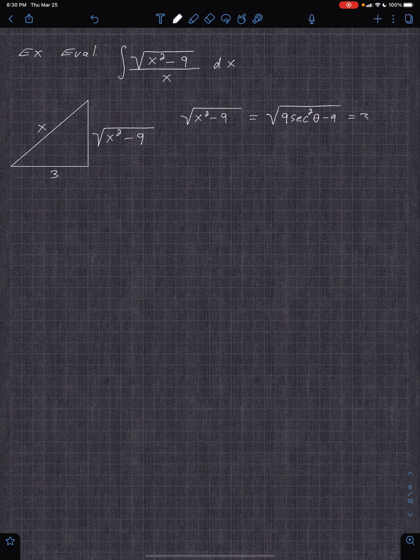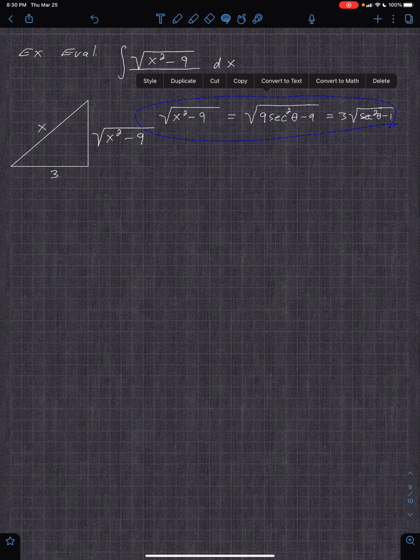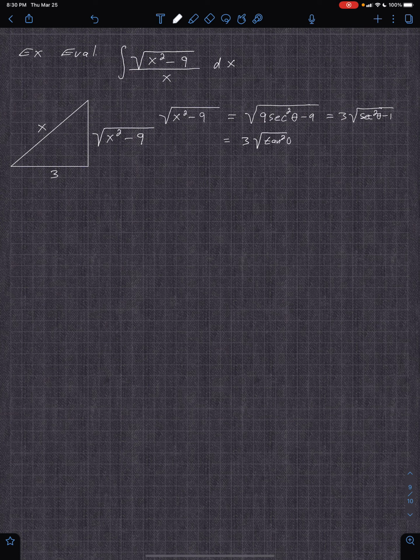And so that's going to be 3 square root of secant squared theta minus 1, which has to equal 3 square root of tangent squared theta, which is just 3 tangent theta.